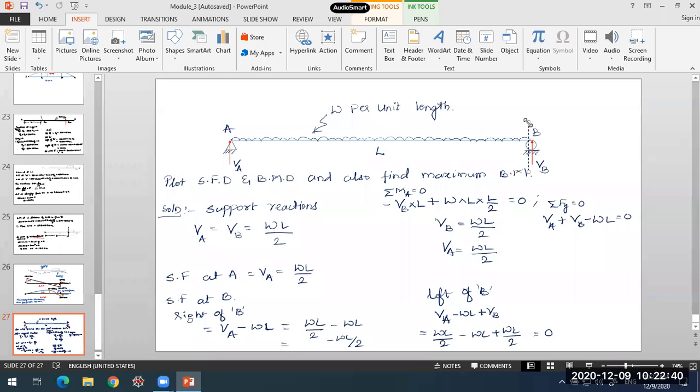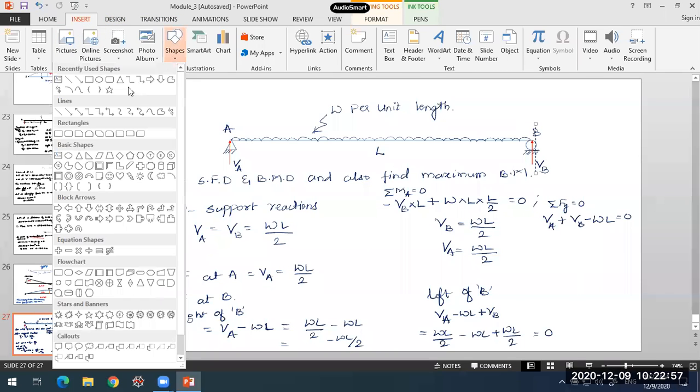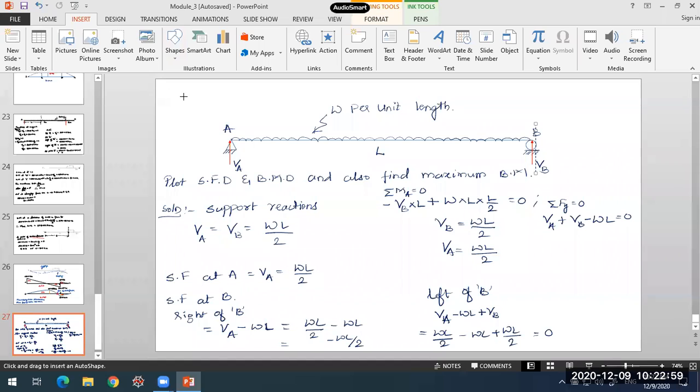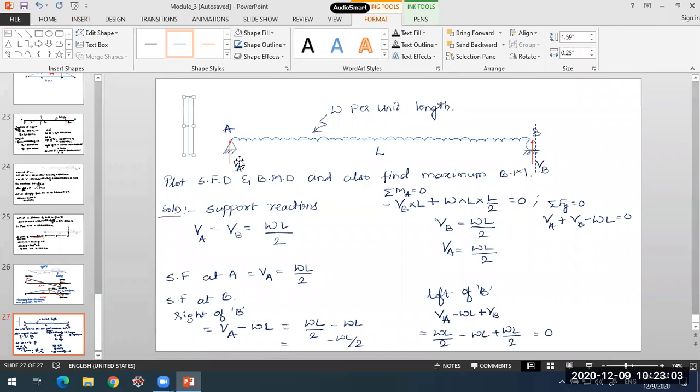After this, I moved further and placed the section to the right of point B. Now what forces are on the left side of the section?